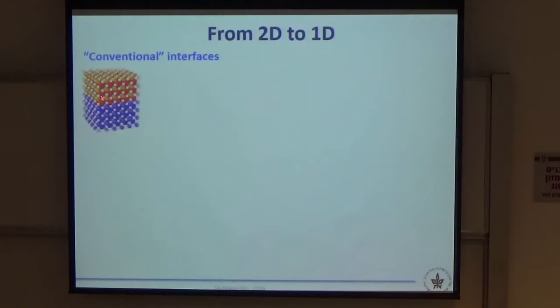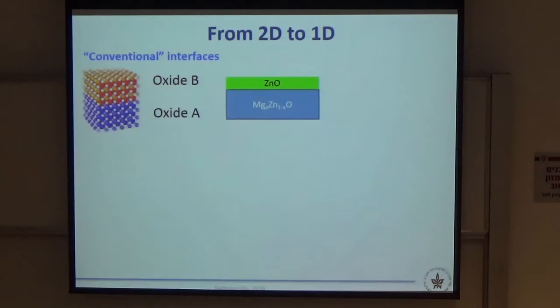Okay, so let's look at this conventional interface. So again, we deposit one material on top of the other, and we are interested in this place. Now, if you have this 2D interface, you want to make it 1D, and you can do it by brute force.